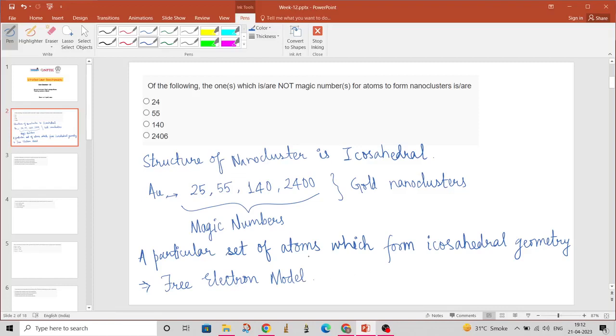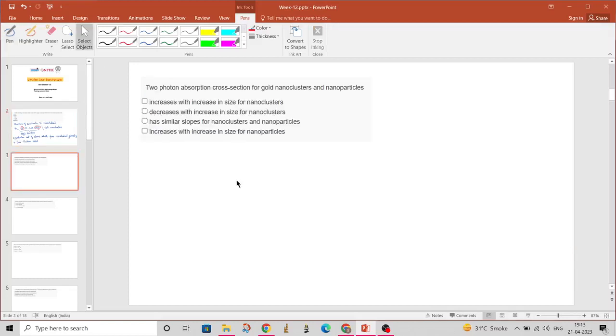Now coming to the question, the answer here should be 24 and 2406, because instead of 24 we have 25, and it is 2400 instead of 2406. Okay, so let's move to the next one.